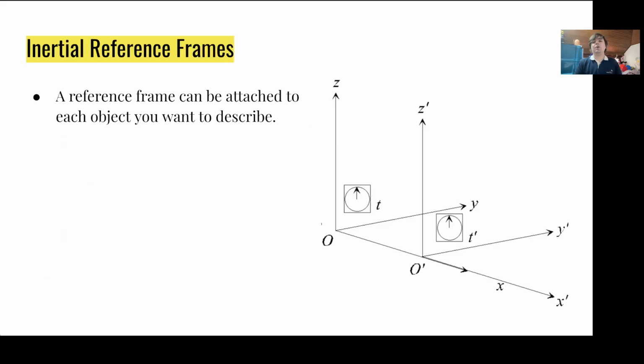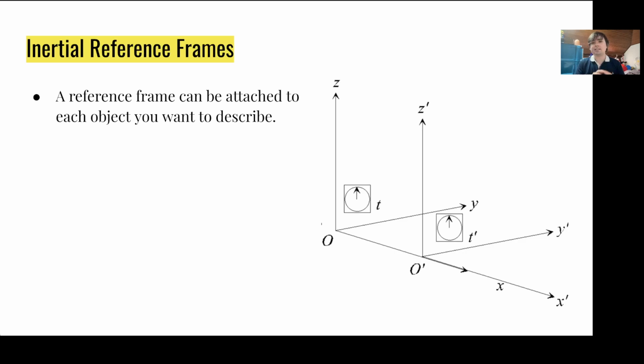All right, so now another very convenient thing that you can do is to use reference frames. And so reference frames are an individual coordinate system that's attached at a given time. So it's very common to have, at the origin of one reference frame at time t, say, a ball at the origin, and this ball is moving in a direction.